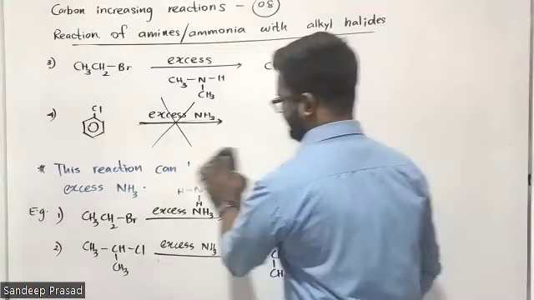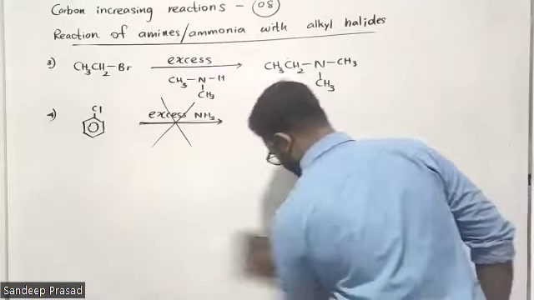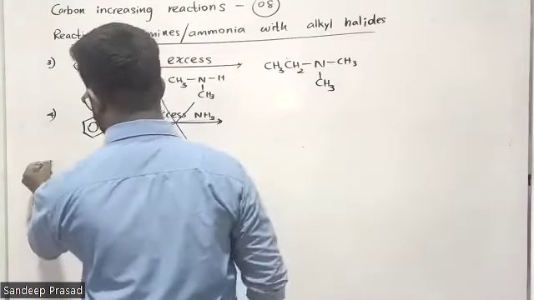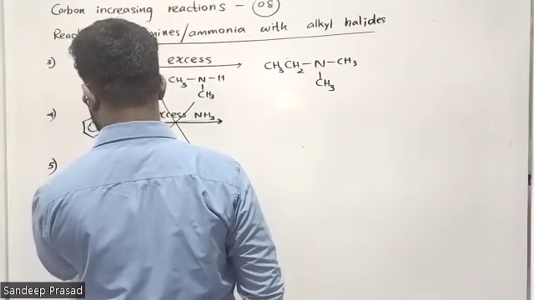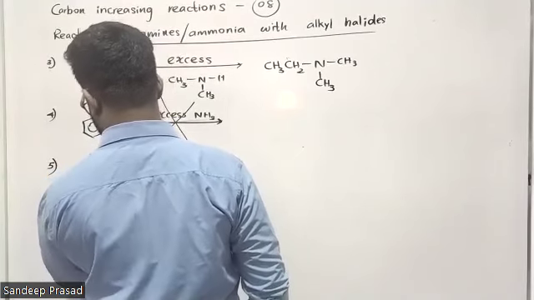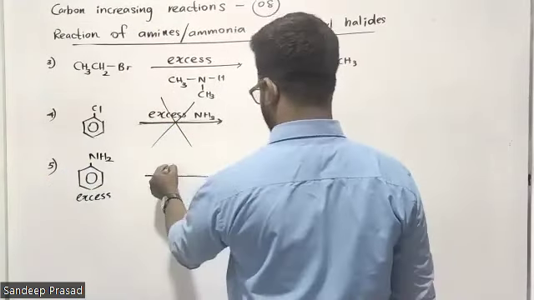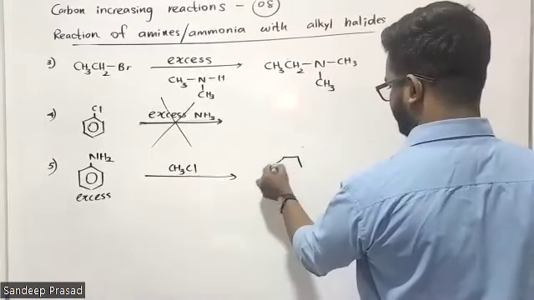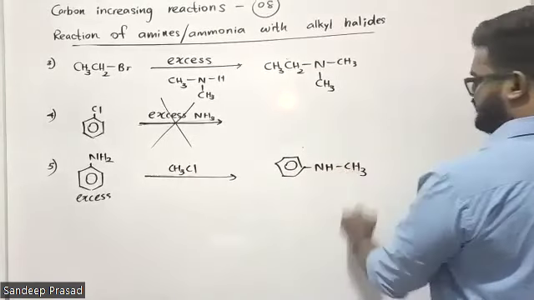Number 5. Aniline in excess with CH3Cl. Then simple as that, hydrogen is eliminated, CH3 is coming.